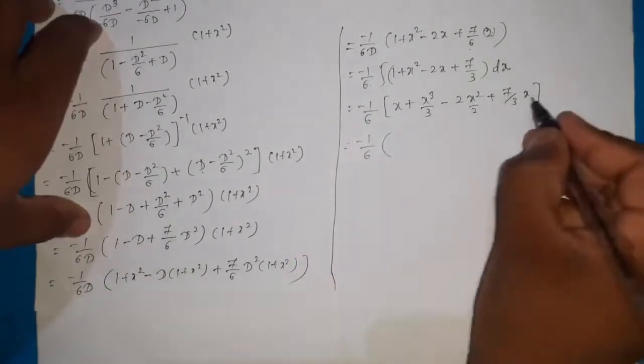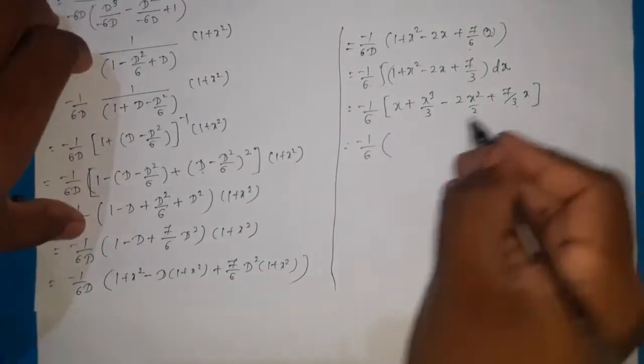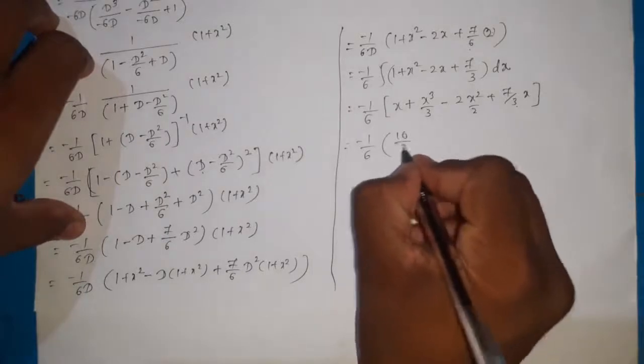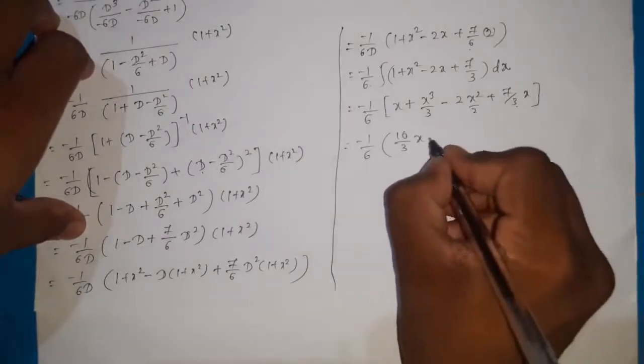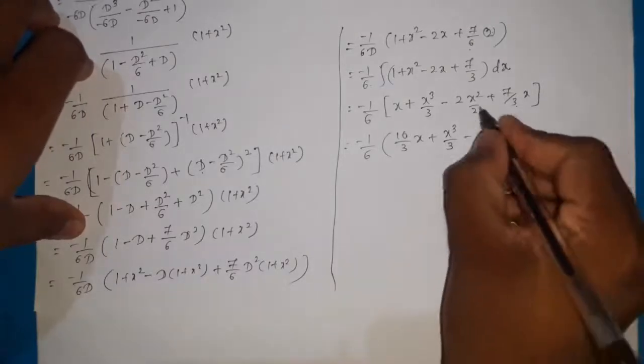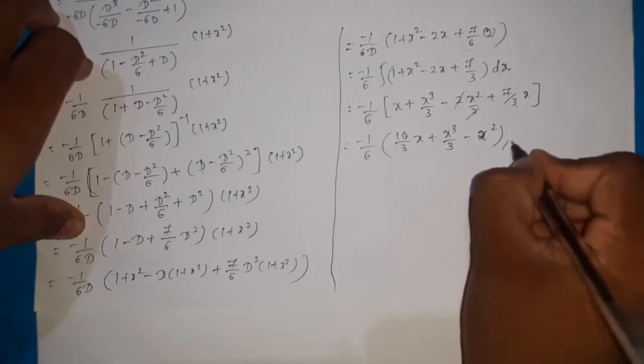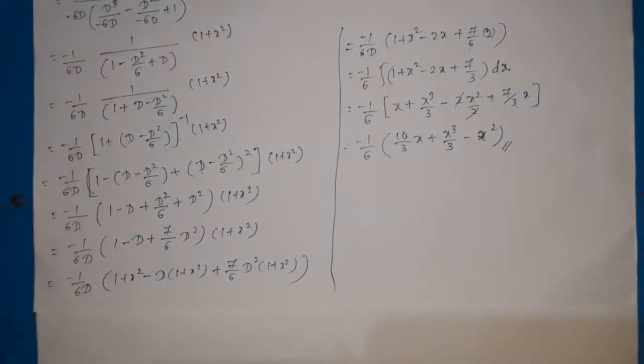So x plus 7 by 3 x becomes 10 by 3 into x, plus x cube by 3, minus the 2 gets cancelled and the remaining is x square, which is the required particular integral of the given differential equation. And then write the complete solution as y is equal to CF plus PI.